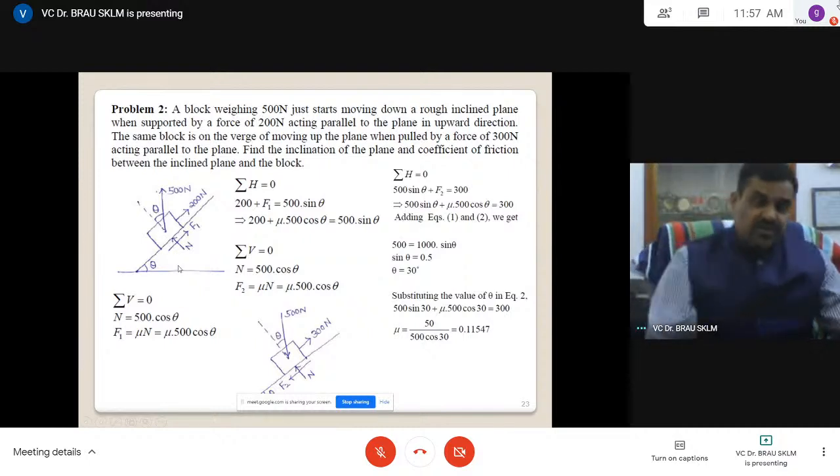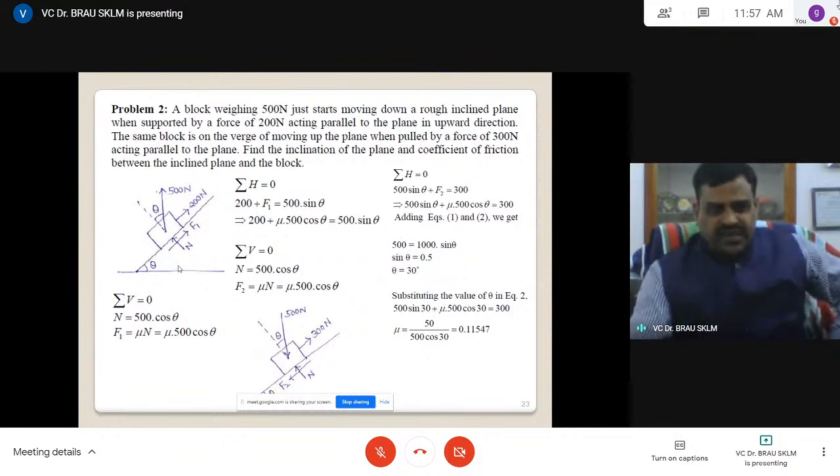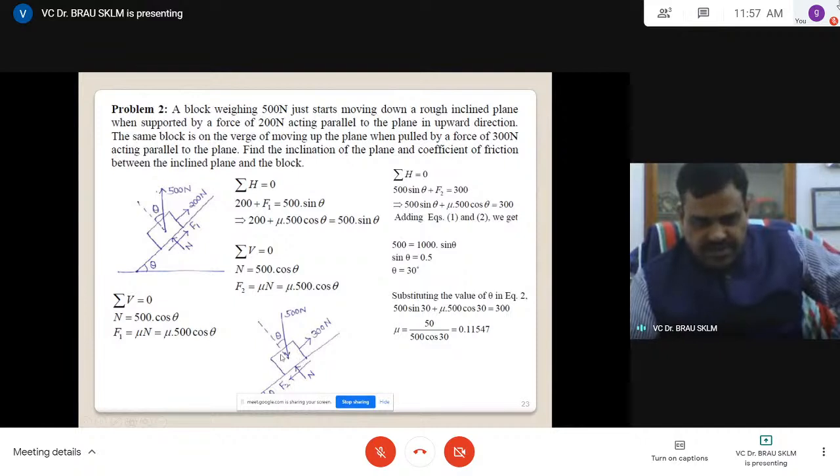See, like that. Sometimes if you make a small mistake, the entire problem will be wrong. So now let us go to the second case. Here it is the correct representation. Like here also, please, it is not correct. Assume that it is downwards, not upwards. See now here F2, frictional force, direction.